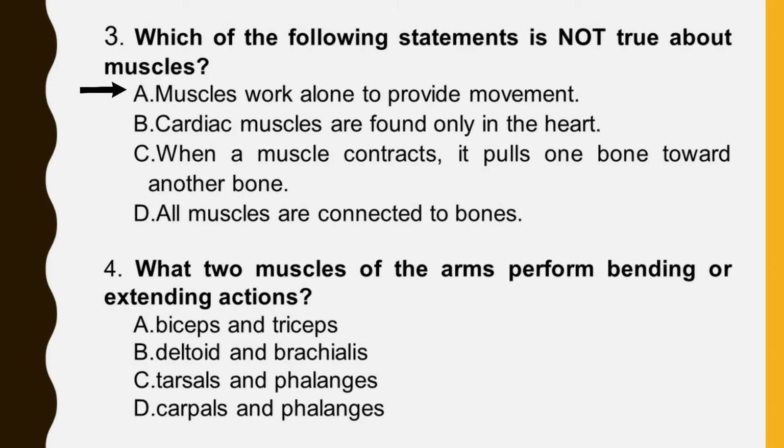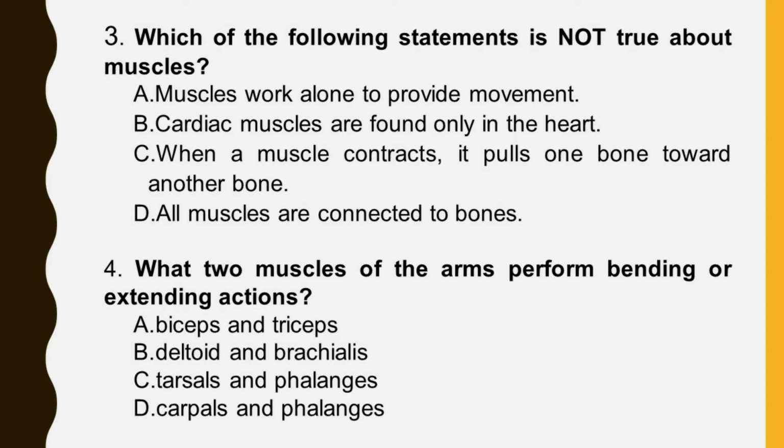A. Muscles work alone to provide movement. B. Cardiac muscles are found only in the heart. C. When a muscle contracts, it pulls one bone toward another bone. D. All muscles are connected to bones.